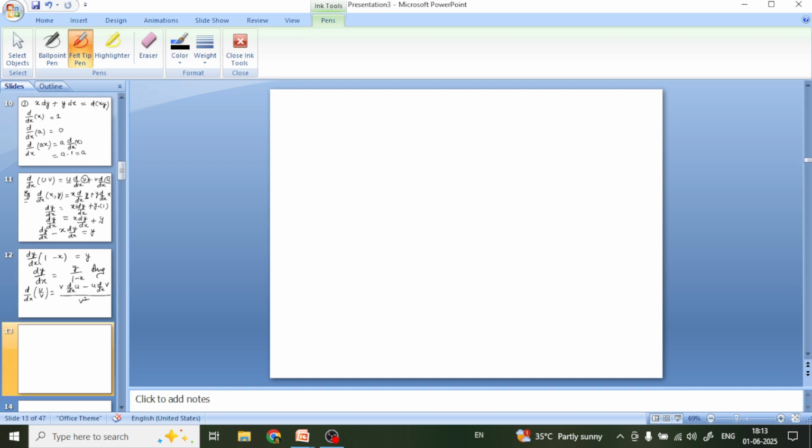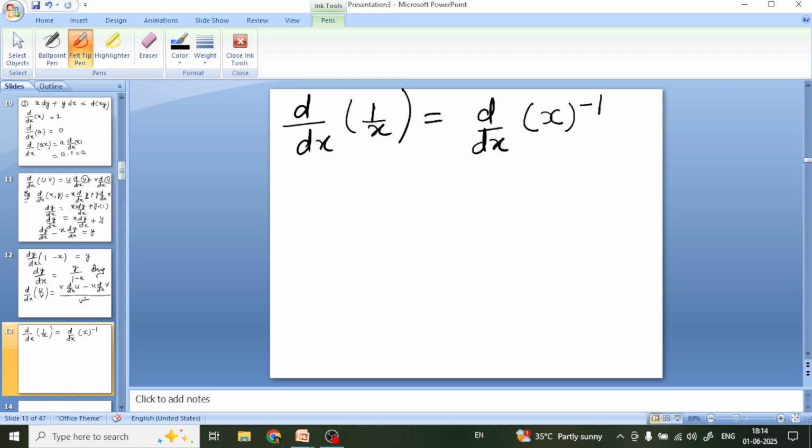For example, if you are given the derivative of 1 over x, then you have to write like this: x raised to power minus 1, and find its derivative.